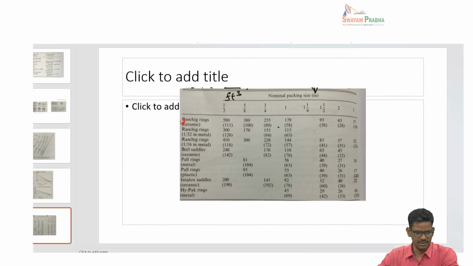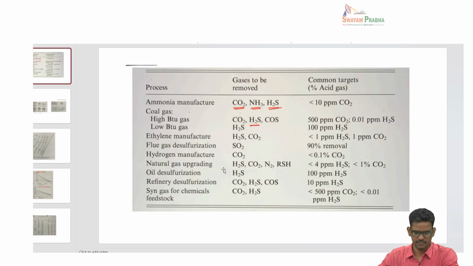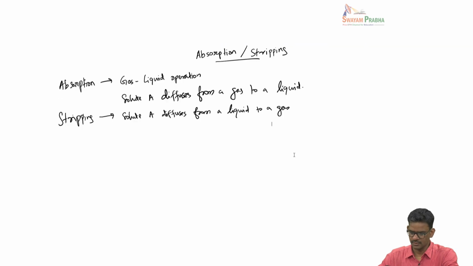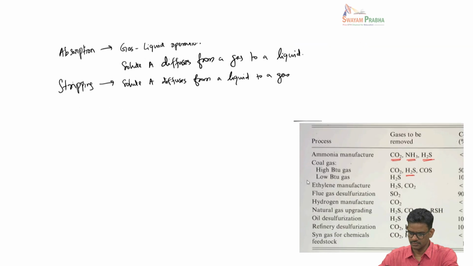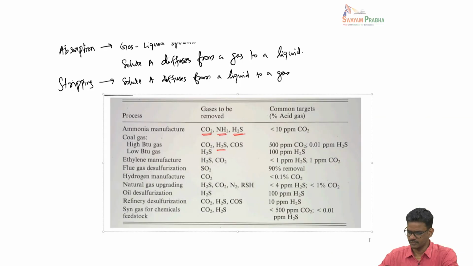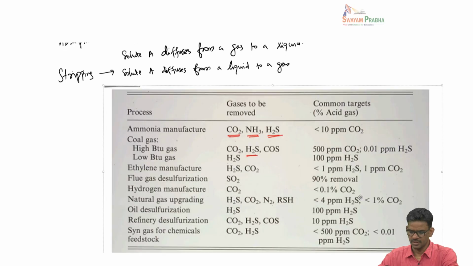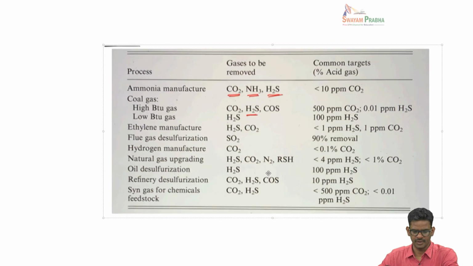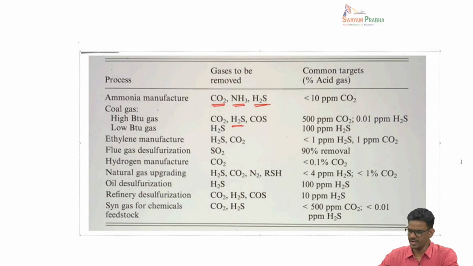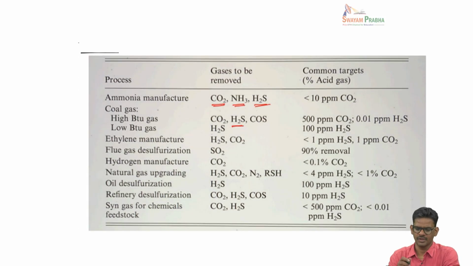For example, looking at this variety of manufacturing processes, in the case of ammonia manufacturing, the gases to be removed would be carbon dioxide, ammonia, and H2S.